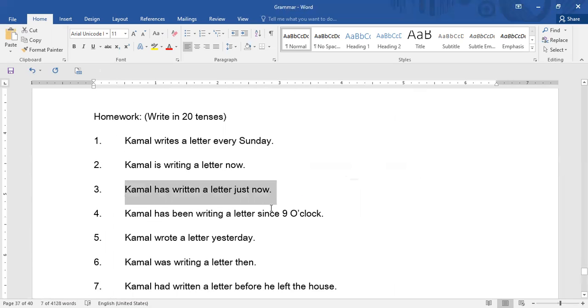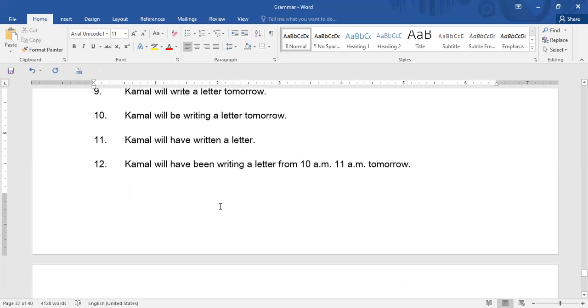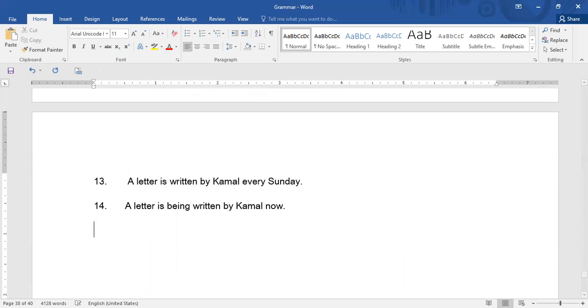Now, the third. Kamal has written a letter just now. Sangeetan: a letter has been written by Kamal just now. Very good. The 15 tense. A letter has been written by Kamal just now.